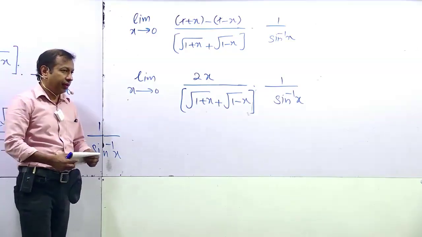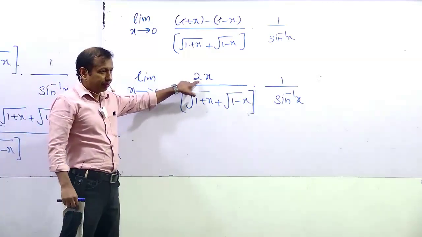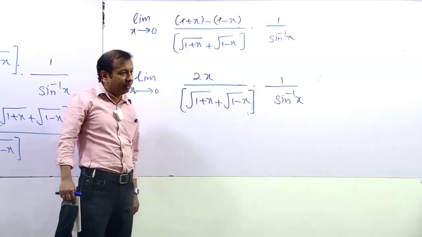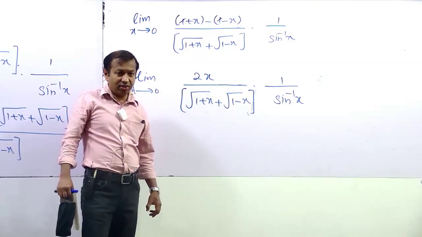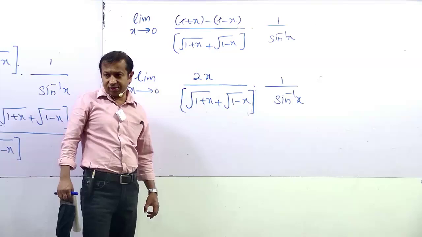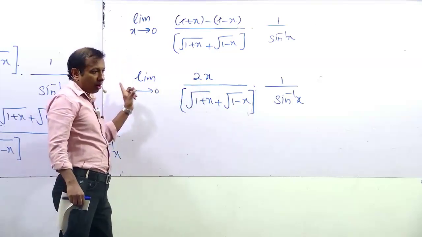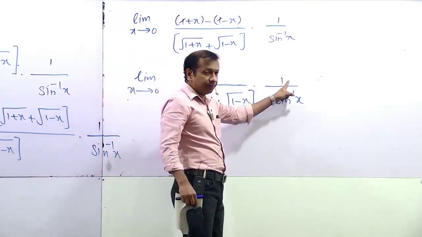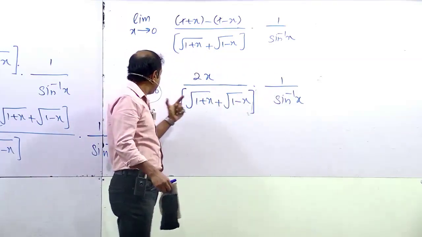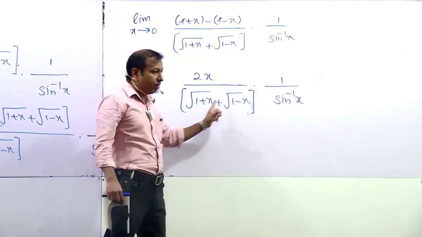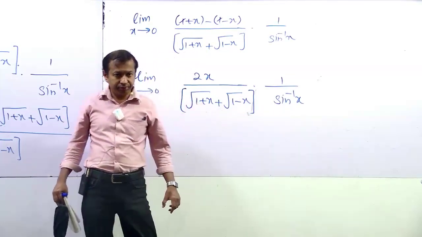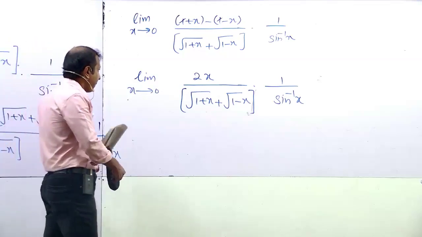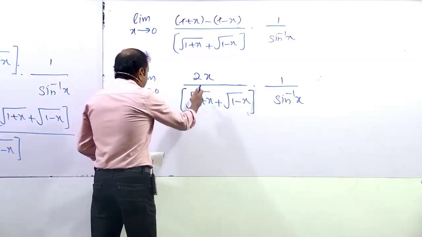Right. This 2 is a constant. Though this x equal to 0, 2 doesn't change. Neither. We can take this 2 here. This x I write here. And this limit x going 0 I apply for this and this separately. That we do next. Take this 2 away.